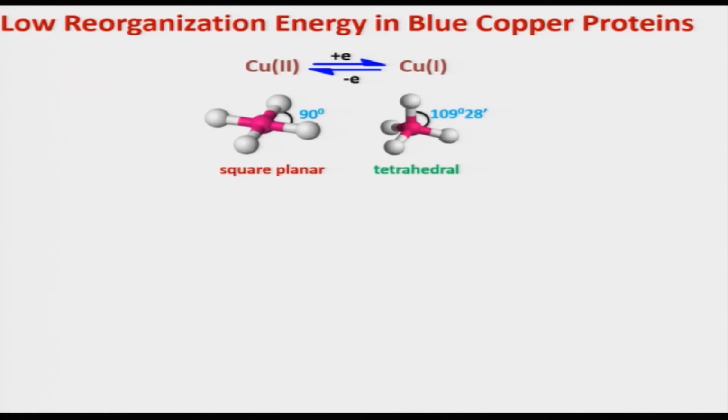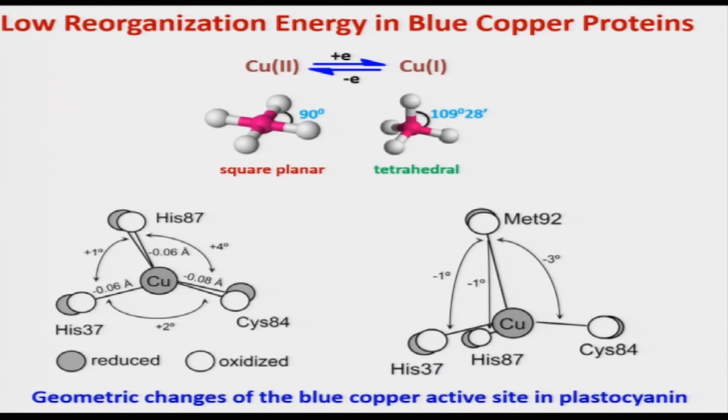As discussed, copper 2 and copper 1 have completely different geometries. However, if you look at the X-ray structure of both oxidized and reduced states of blue copper protein and overlap them with one another, what do you see? You see that there is a very small change between the oxidized and reduced state.